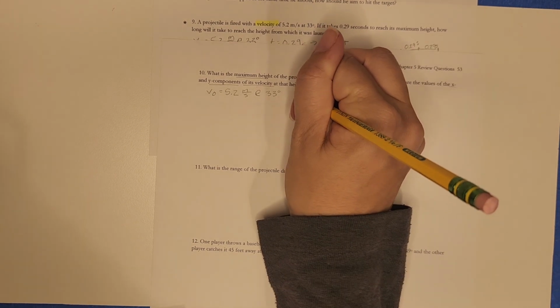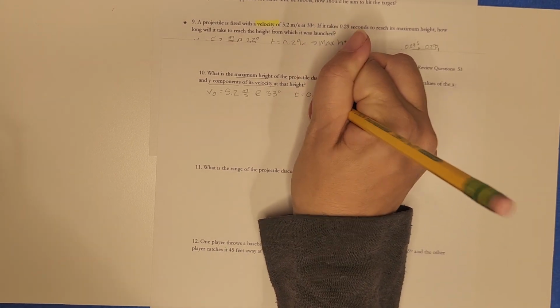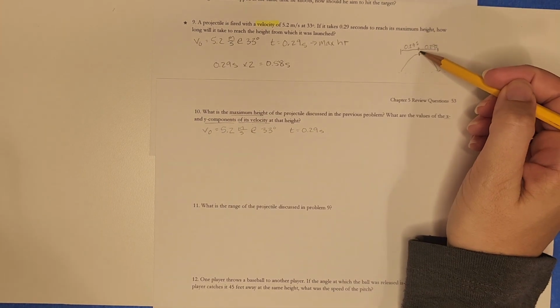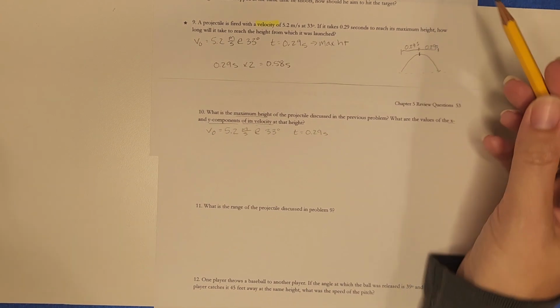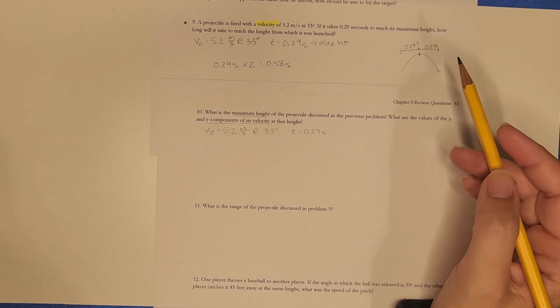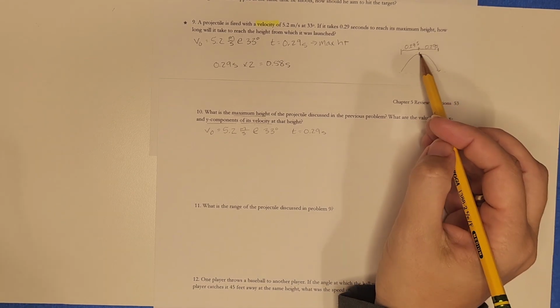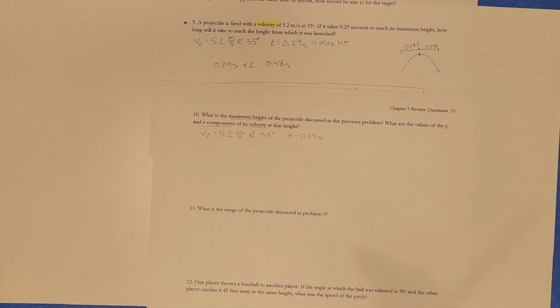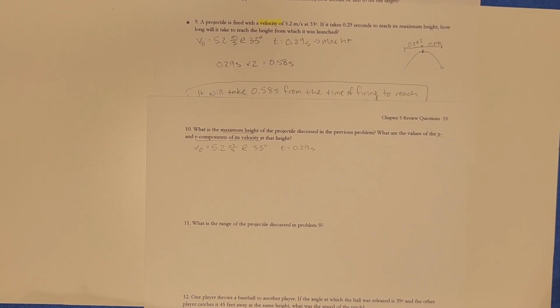That time is 0.29 seconds. And remember, that is the time that it takes to reach that maximum height. So we're being asked now, what is this maximum height? And then when we're at this height, what are the x and y components of the velocity? So let's go ahead and start with figuring out what the maximum height is.